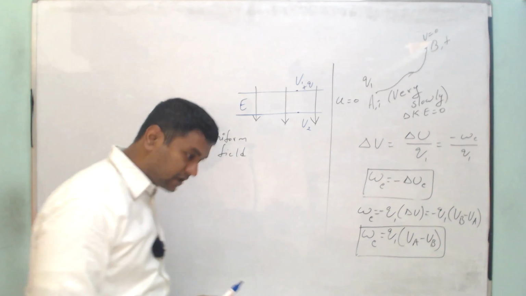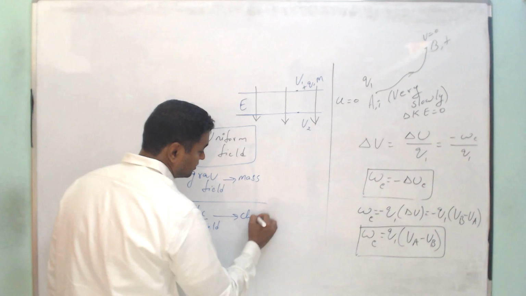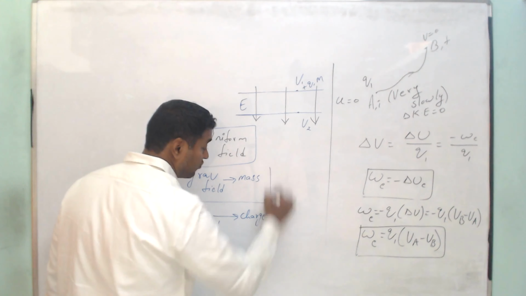Fall down. If it is a gravitational field and we are using a point mass as the test body, or if it is an electrostatic field and we are using a charge, in both the cases, what are we studying?